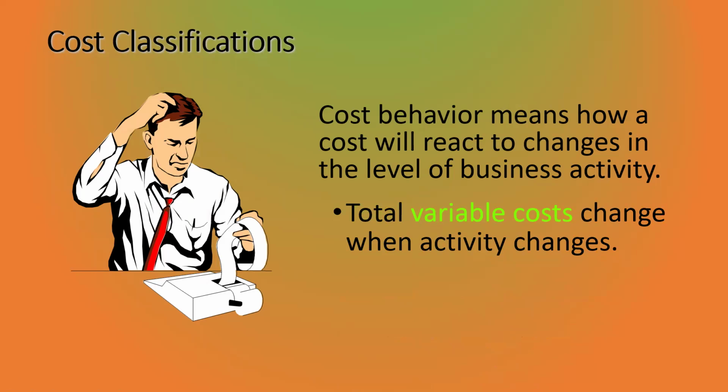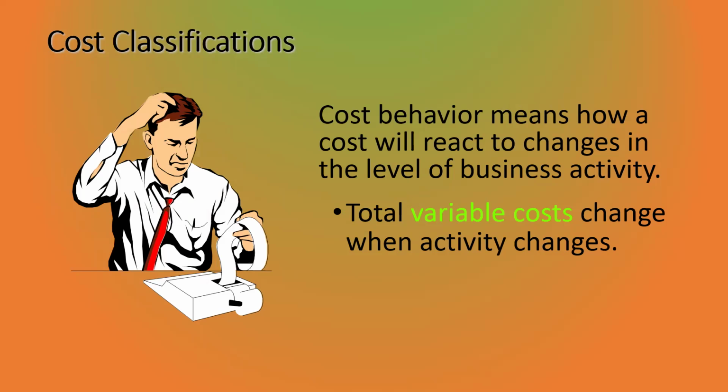It will increase or decrease as the activity increases or decreases. For example, if we produce 100 units in one month, and 150 units in another month, when we produce 150 units, the cost will increase.